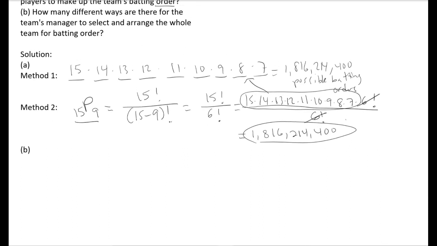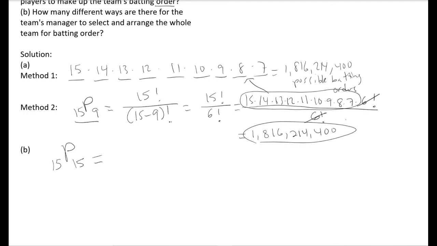All right, so part B, how many different ways are there for the team's manager to select and arrange the whole team for batting order? So in this case, we have 15 times 14 times 13 times 12, and so on, right? Let's do the permutations. So if we look at the permutations, we have 15 players taken 15 at a time because we want to arrange the entire team, right?